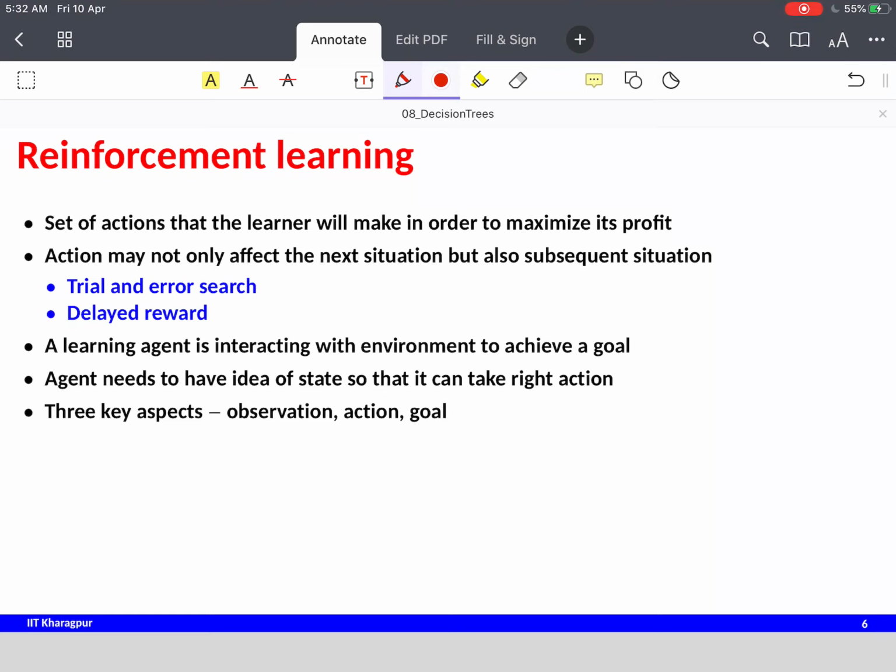The other form of learning is reinforcement learning, that we talked about a little while ago. Here the agent makes a sequence of moves, and the outcome of all those moves is known at the end of the episode. The goal of the agent is to make the moves such that it achieves the maximum reward.